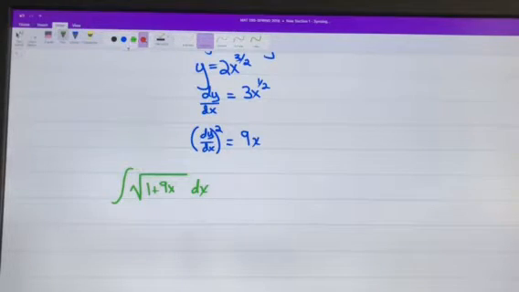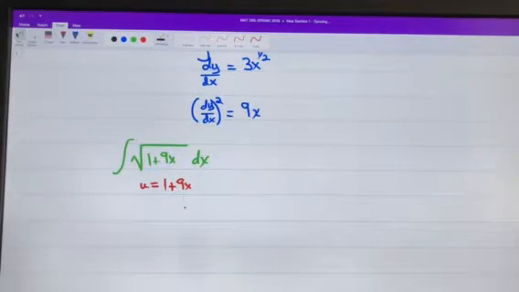But in the meantime, we have the integral of the square root of 1 plus 9x dx. And for this particular integral, we will be looking at u substitution.